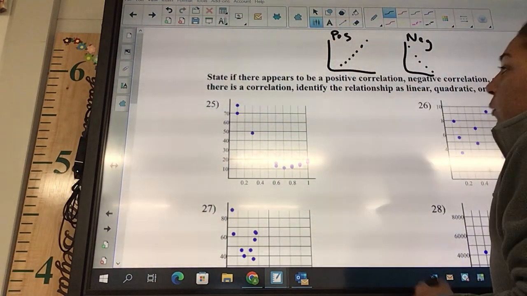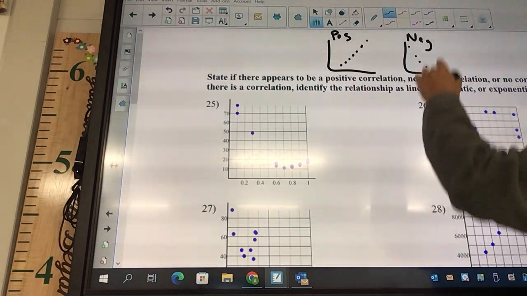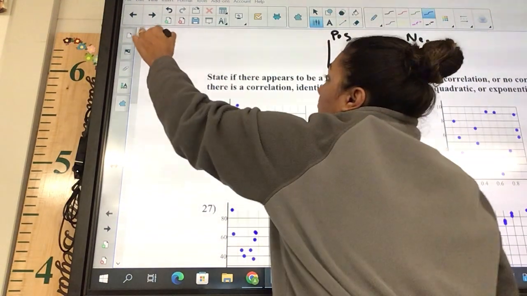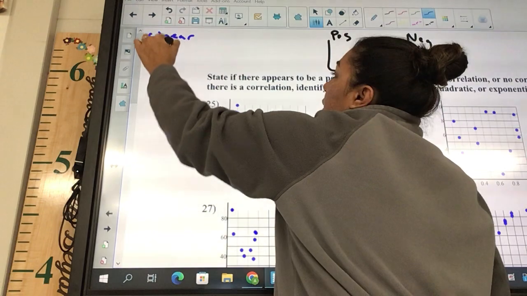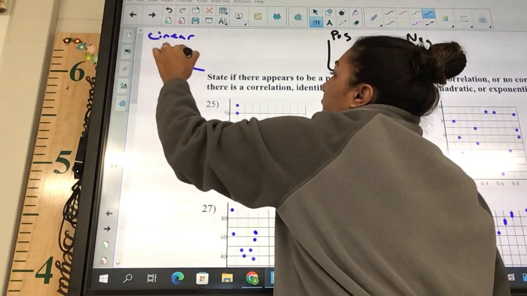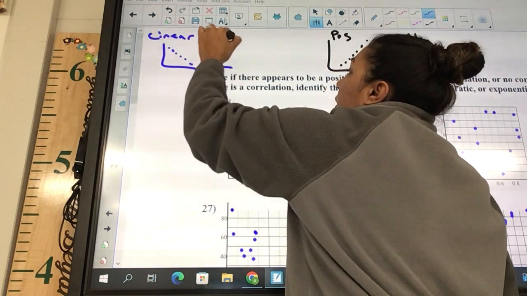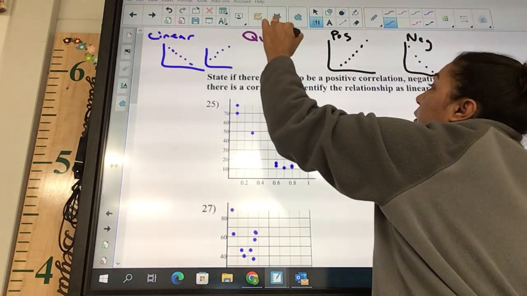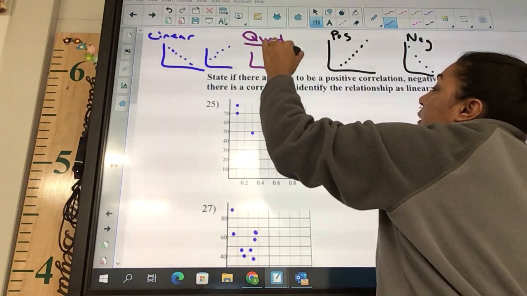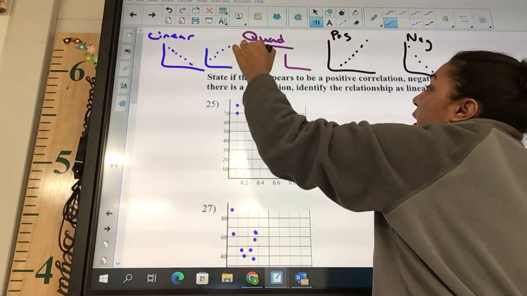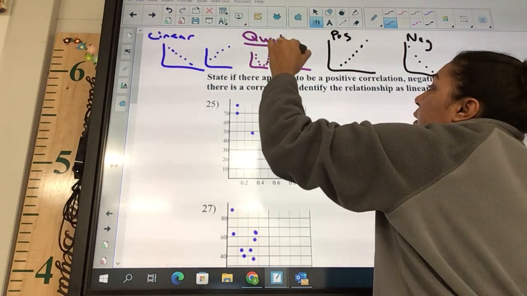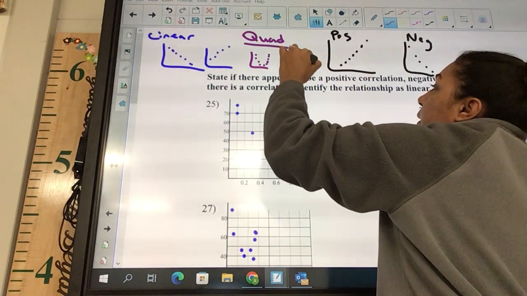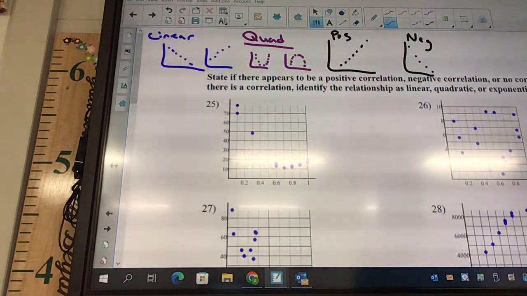Some of you are probably going to have linear, which overall is going to look like a line. Quadratic is going to look like a U, and it can be either this way or this way. If it's pointed down, it's going to be negative.